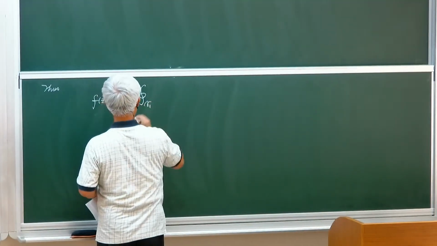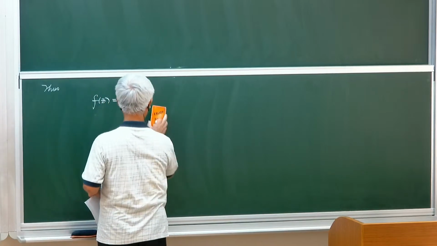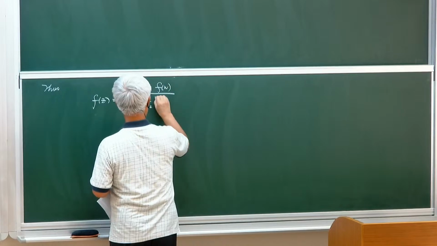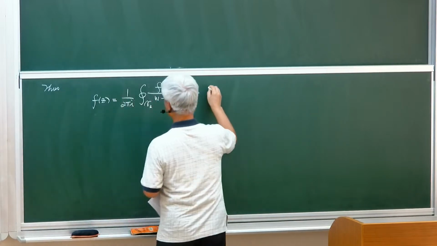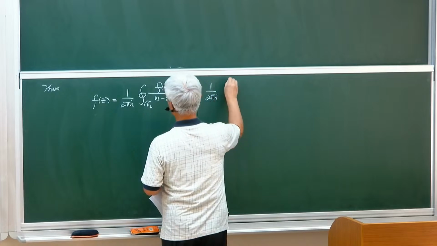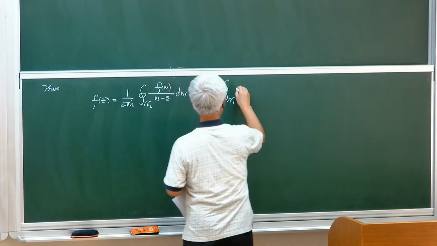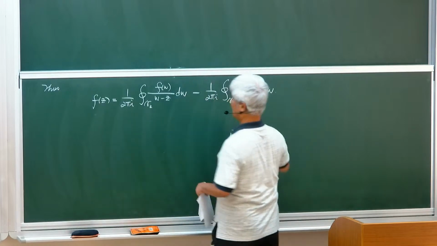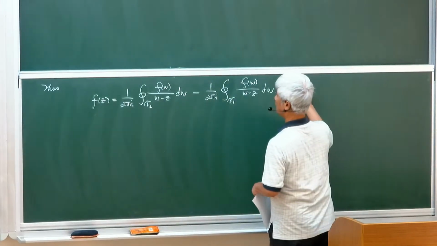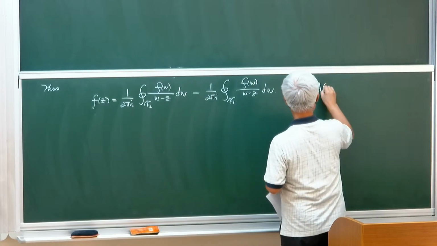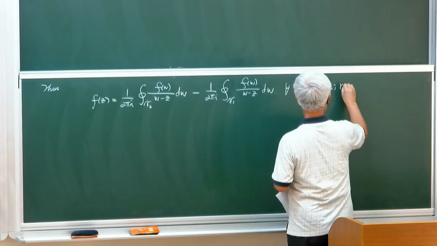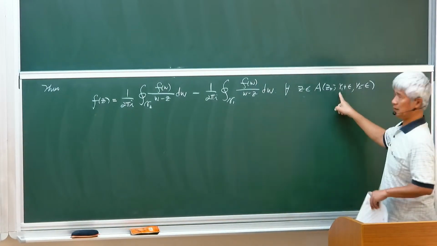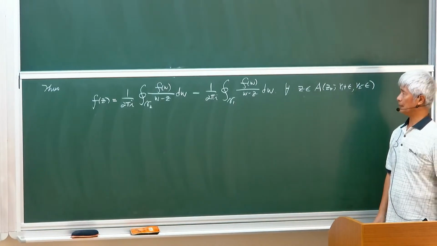One is over gamma 2, the other is over gamma 1, for all z in this green open annulus.